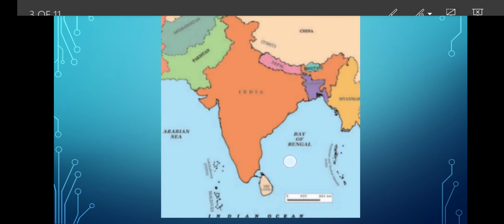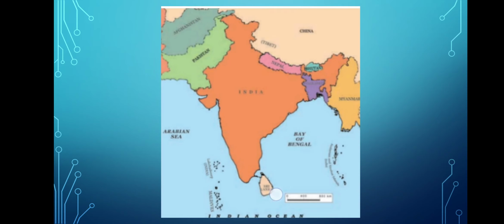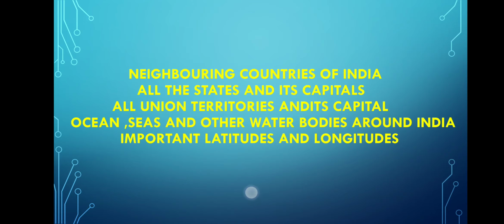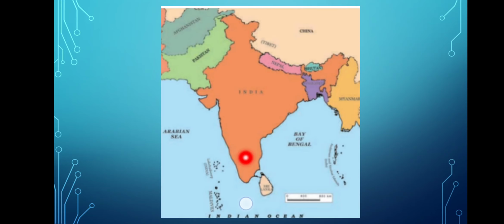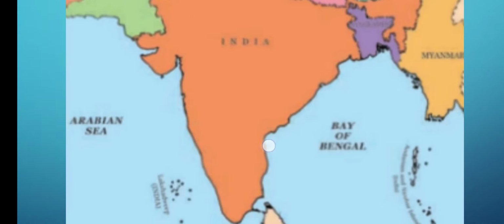And to the south we can see Sri Lanka, which is also our neighbor, as well as the Maldives, to the extreme south in the Indian Ocean. Let us enlarge it, then you can see here is the Maldives in the southern part of our country.